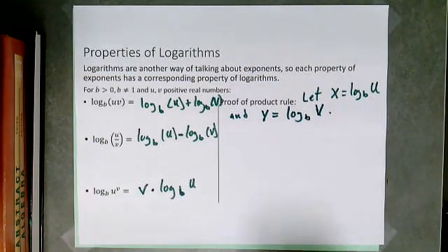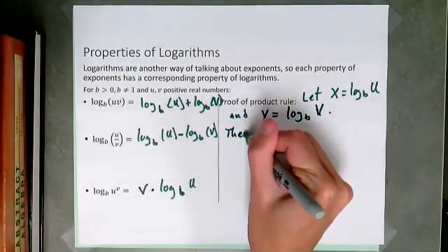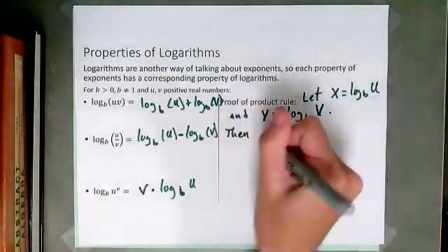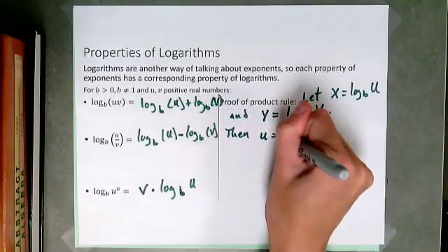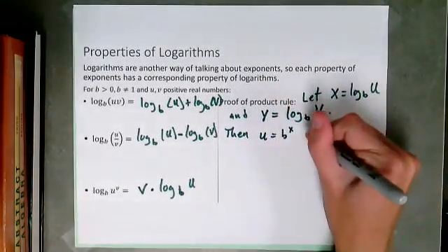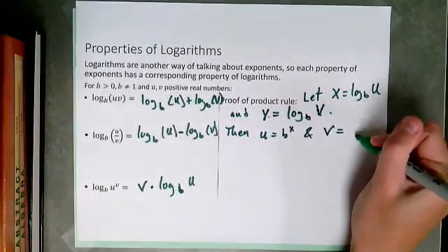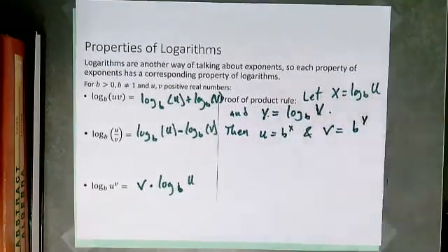Okay? So then if we change this into an exponent, we get u is equal to b to the x, and v is equal to b to the y. Okay?